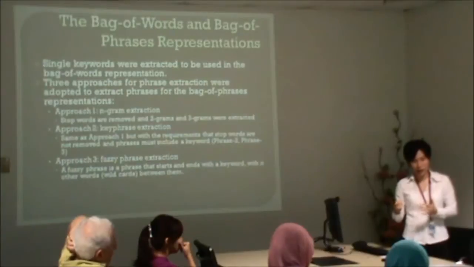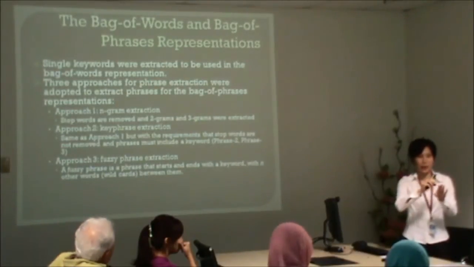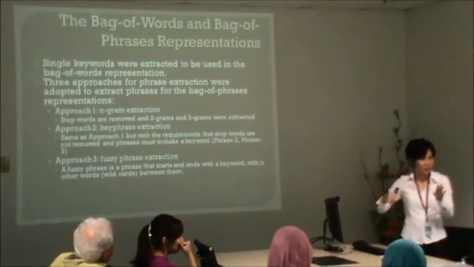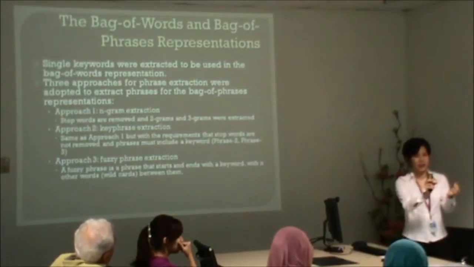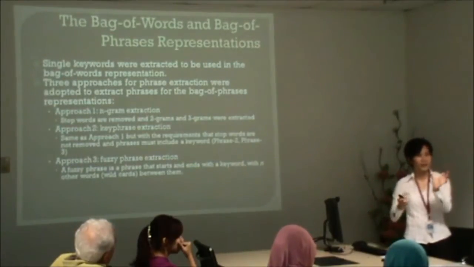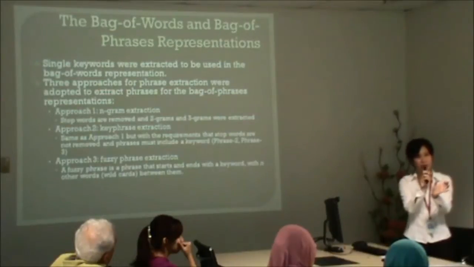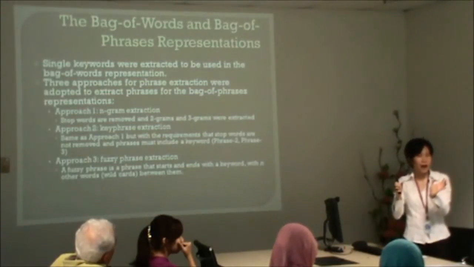What I found was that when we try to look for phrases that may appear in many documents in the same category, it's very hard to find a phrase in other documents, because a phrase is, let's say, a combination of back-to-back two words or three words.